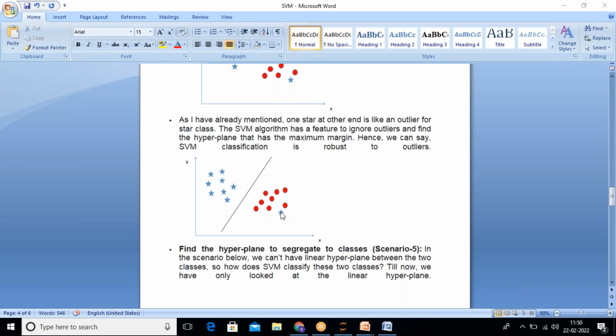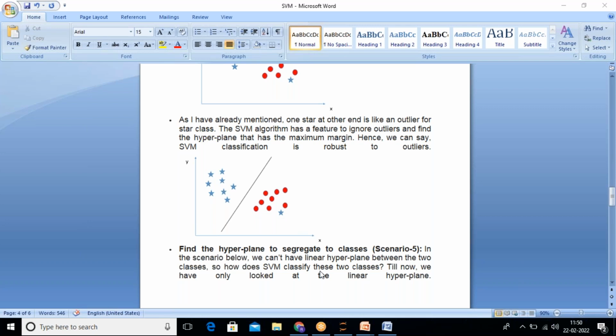Why am I telling you this is an outlier? Because this star has moved from a lower dimensional space to a higher dimensional space, and an object that moves from a lower dimension to a higher dimension is considered an outlier. Getting the point?